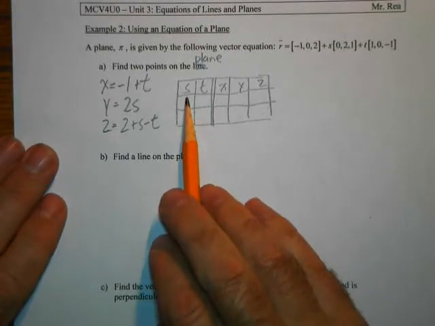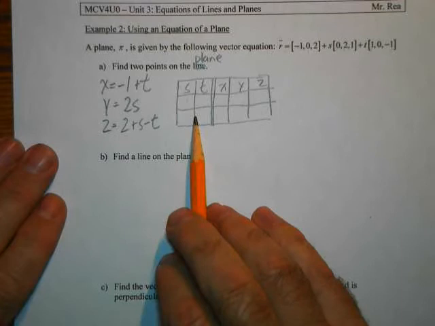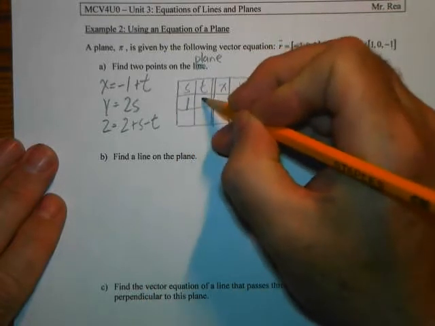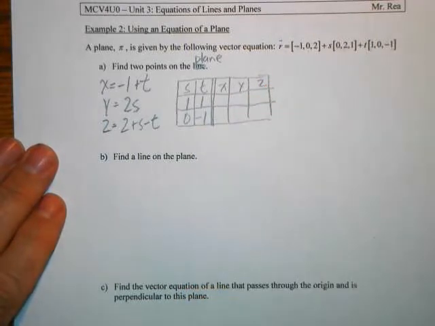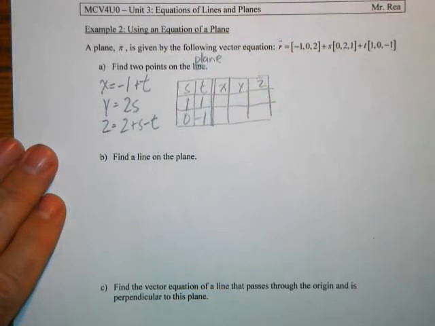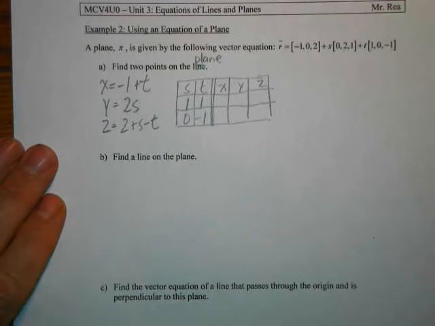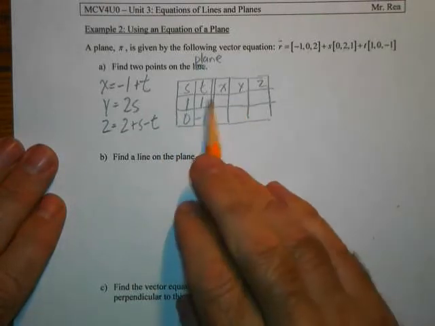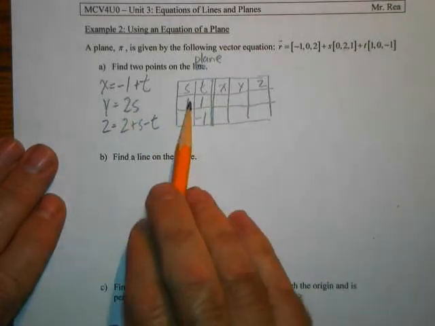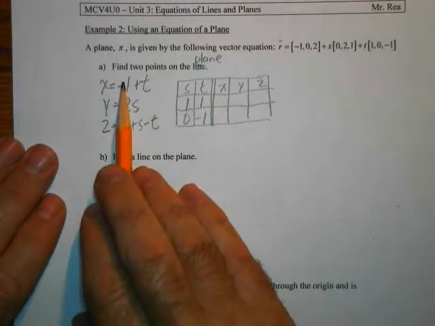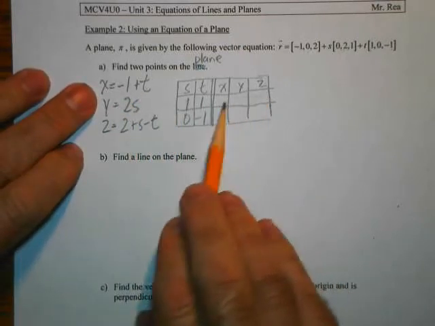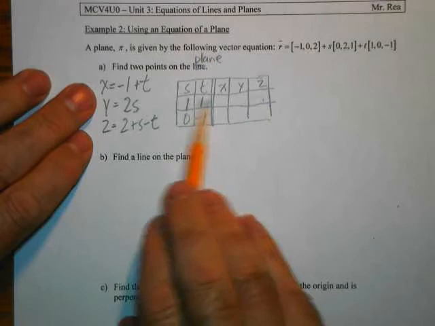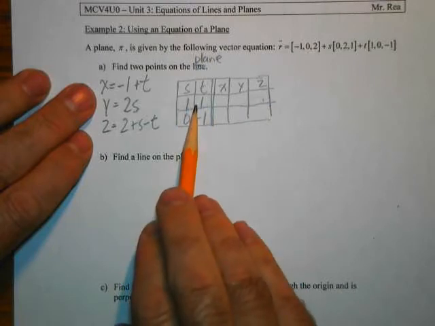You just pick some arbitrary combinations of s and t. So I'm going to pick 1, 1, and I'm going to pick 0, -1. No apparent reason. I like to keep the numbers small just so the math's easier, but those are my 2 combinations. Now what we do is we take these values of s and t and we plug them into x, y, and z to get our x, y, and z values for that combination of s and t.